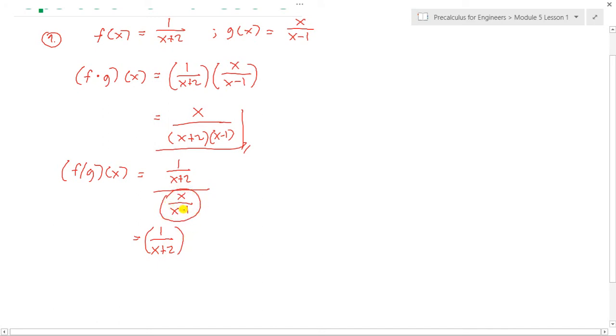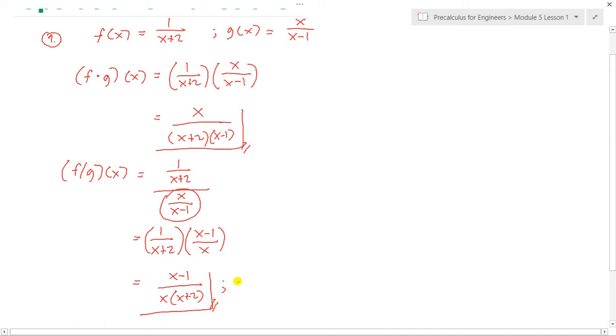In order to proceed to multiplication, you need to find the reciprocal of the divisor. So the reciprocal is (x - 1) over x, and then apply the procedure in multiplying rational expressions. So multiply the numerators, x - 1, and the same with the denominators, x + 2. So this is now our final answer.